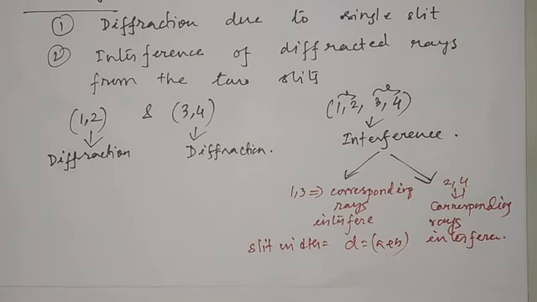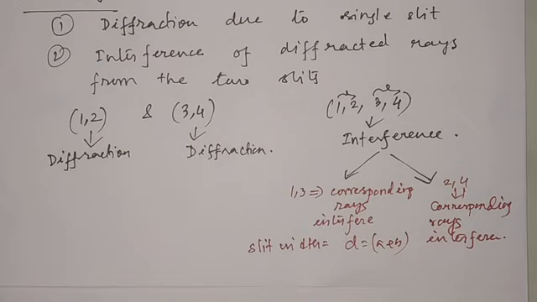So you can say that the point A and point C, where the rays 1 and 3 are coming from, the point A is like a point source and point C is also like a point source. They are separated by d equals a plus b, that is the separation between the corresponding points. Those two interfere.